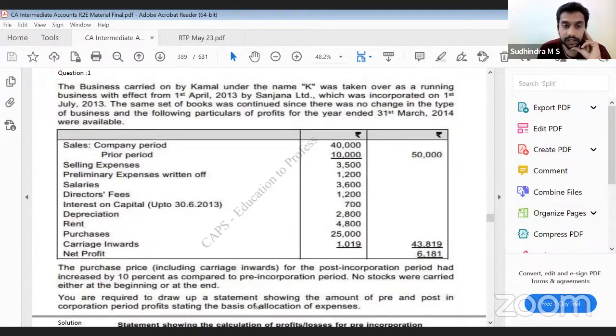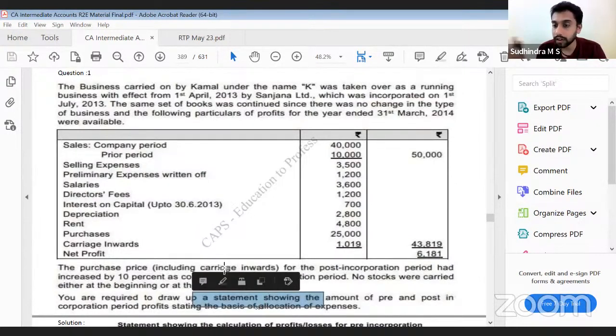They have given us sales, company period and prior period, selling expenses, preliminary expenses written off, salaries, directors' fees, interest on capital up to 30th June 2013, depreciation, rent, purchases, carriage inwards, net profits. Purchase price, including carriage inwards for the post-incorporation period had increased by 10% as compared to pre-incorporation period. No stocks were carried either at the beginning or at the end. Required to draw up a statement showing the amount of pre and post-incorporation period profits stating the basis of allocation.